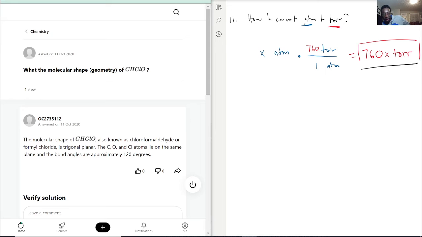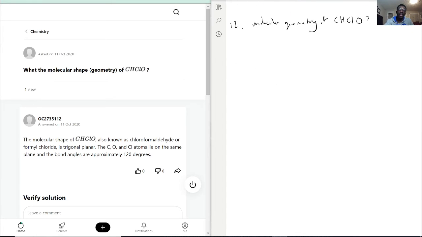What is the molecular geometry of CHClO? Okay, great question. For this, we have to actually first find out the Lewis dot diagram.